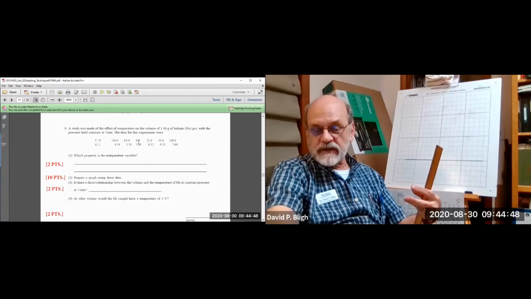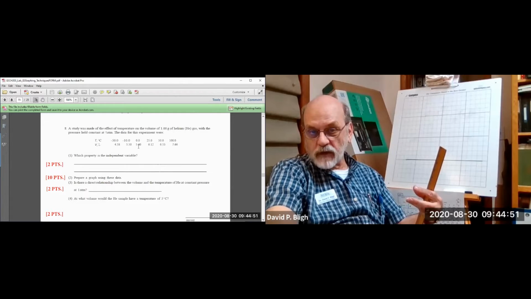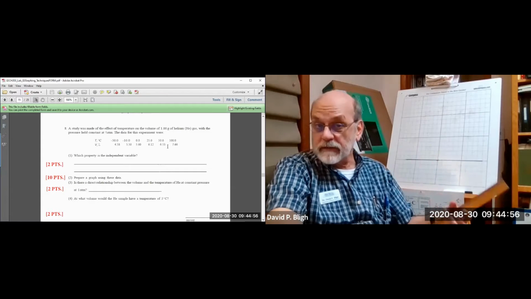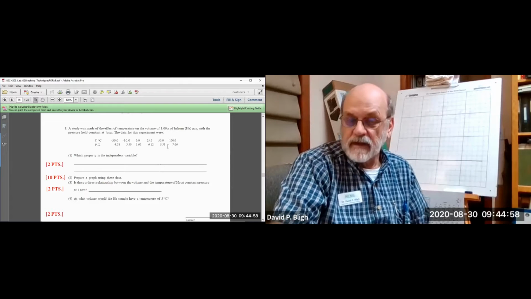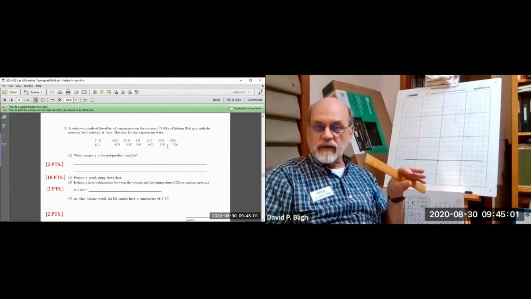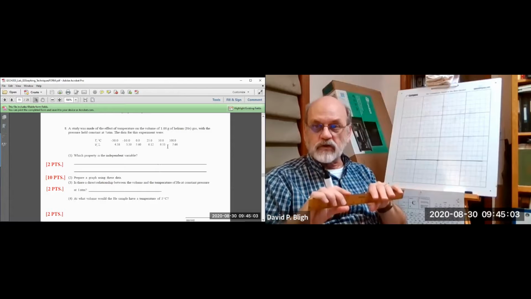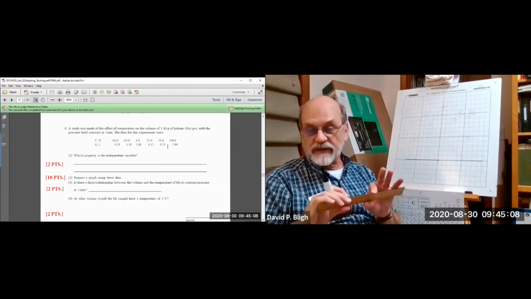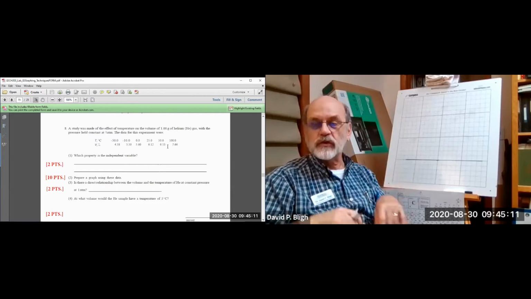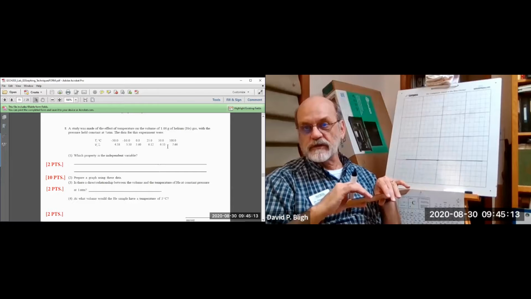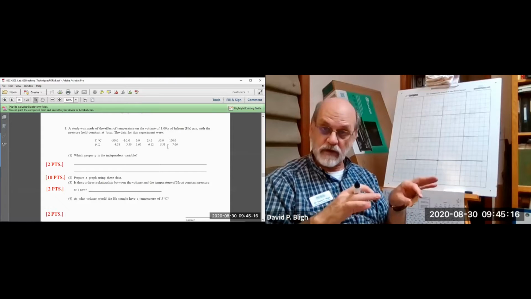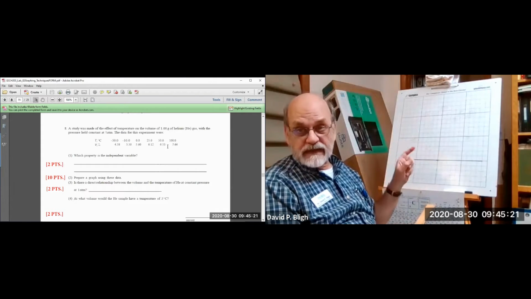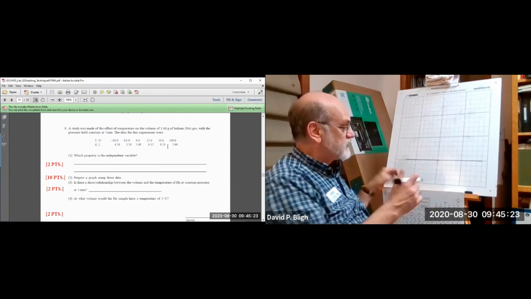When I increase the temperature from 0 to 50, notice that the volume increases from 5.6 to 6.53 liters. So let me say that again. The independent variable is the one that the researcher controls, and the dependent variable is the response to the change that the researcher has made in the independent variable. So that's why the x-axis is reserved for the independent variable, which in this case is temperature.